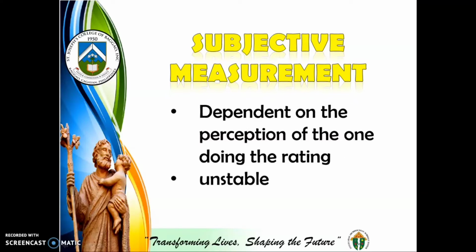Remember that humans have different perception. So it is given that one assessor could have a different rating to another assessor even if the same quantity or quality is being measured. Take note that a rubric is advisable to be utilized in this type of measurement.